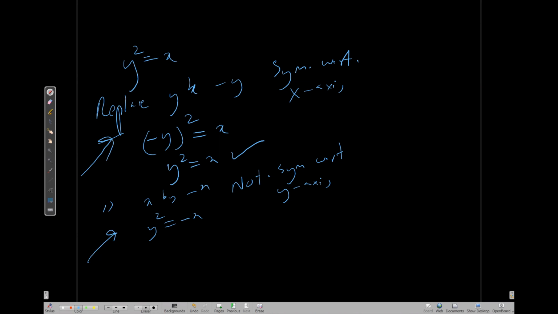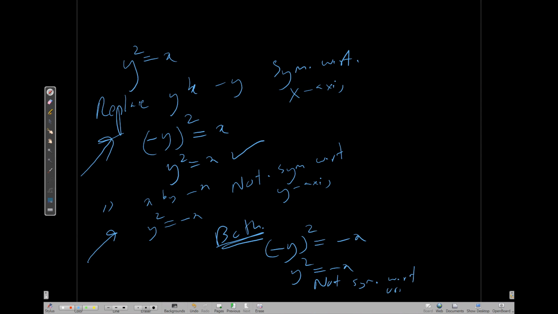And in the second case, you replaced x by negative x, but you kept y as it is. But when you do both, you are doing both at the same time. So y squared equals negative x, again no. So not symmetric with respect to origin.